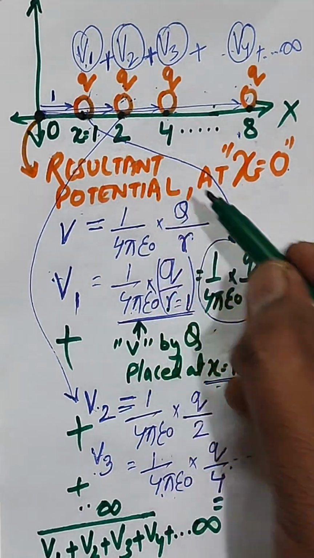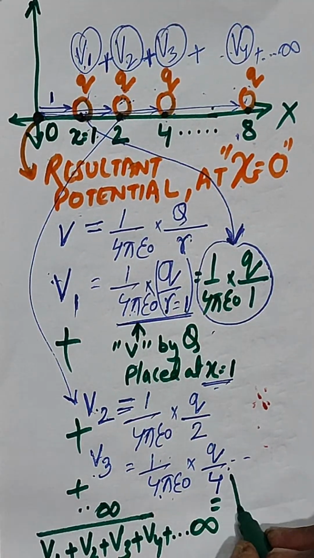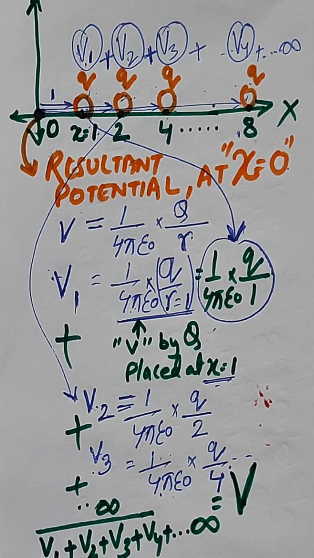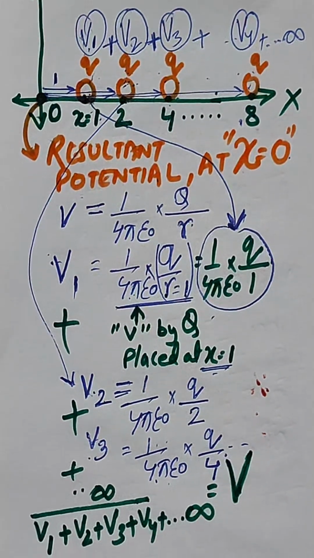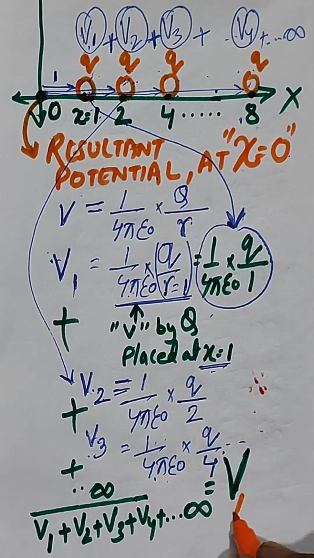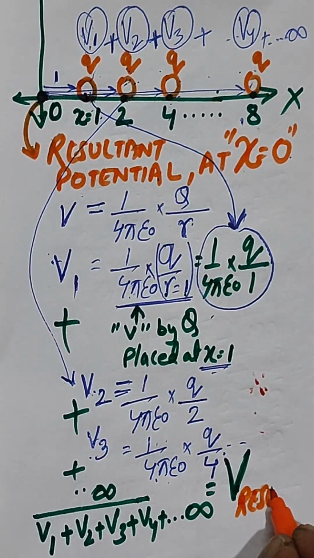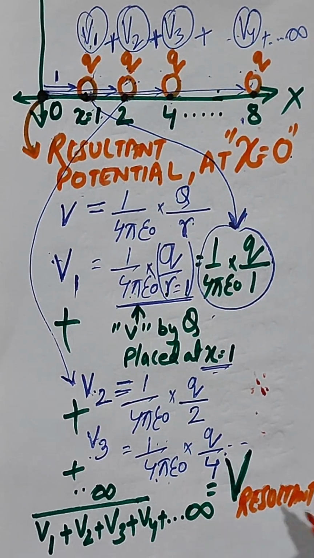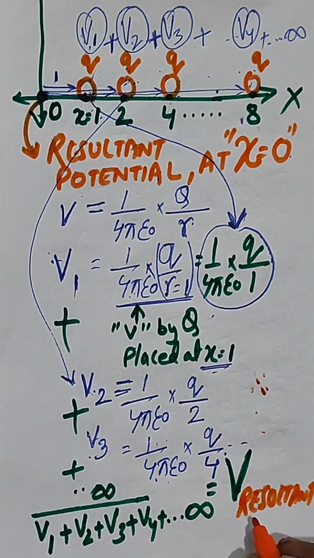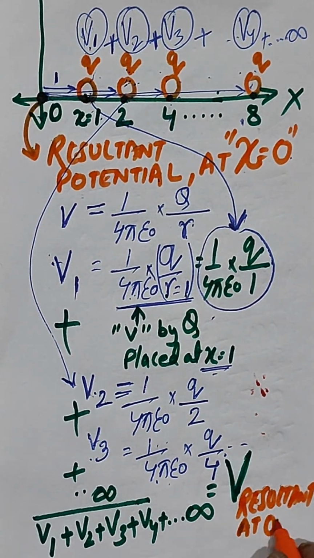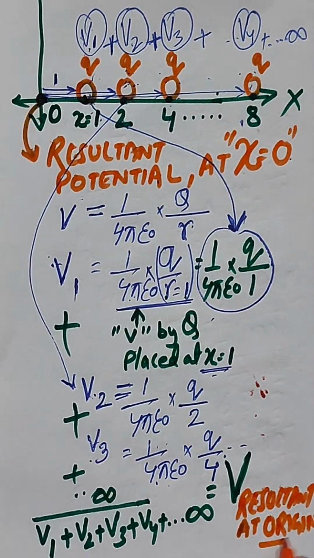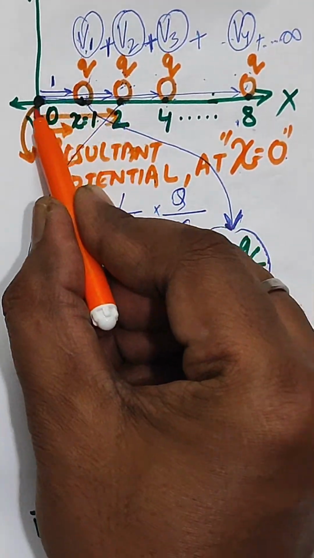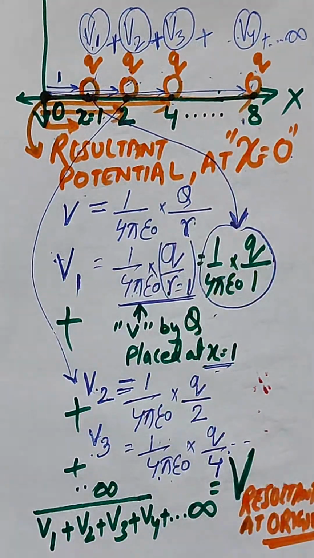This is the resultant potential at the origin. Why origin? Because the distance from the origin is calculated here, here, here, and here, like this.